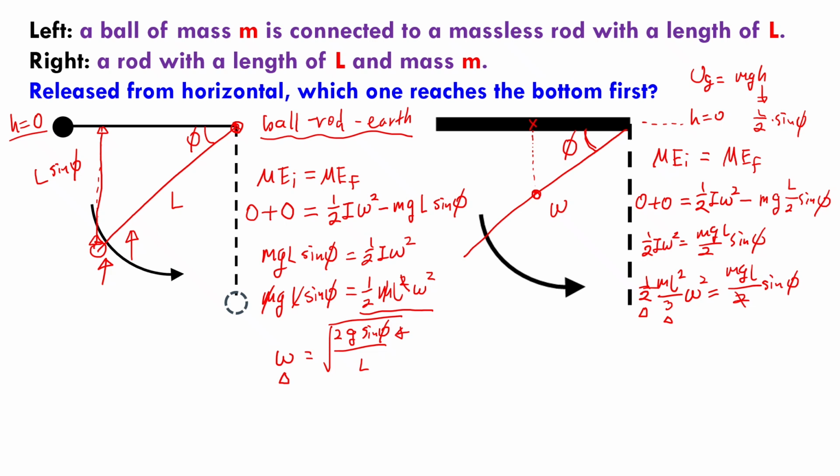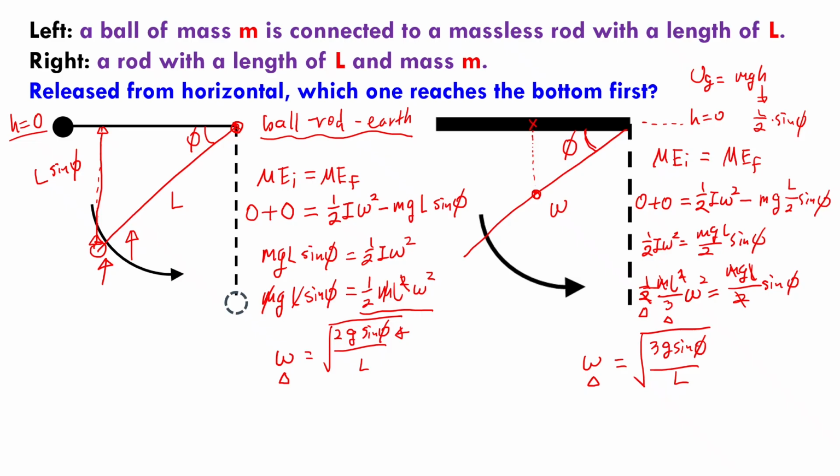So half and half cancel out, m and m cancel out, and one L has been canceled out. So we should get omega equals the square root of 3g sine phi divided by L. So now we get the angular velocity of the left system and the right system.